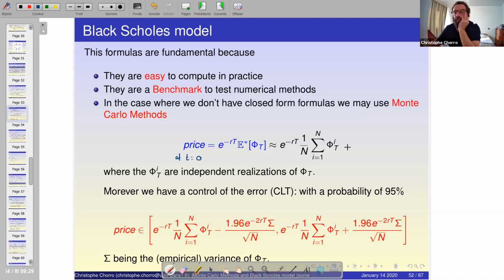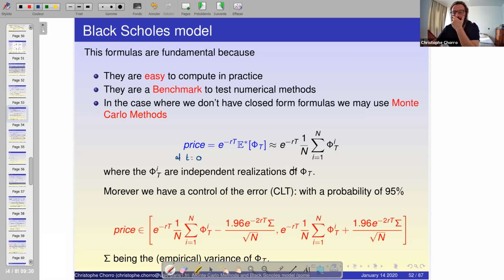And according to what I have done in the first part of the introduction, in order to approximate this expectation, I can use Monte Carlo methods, where I have independent realizations of the payoff of the contingent claim I am interested in.